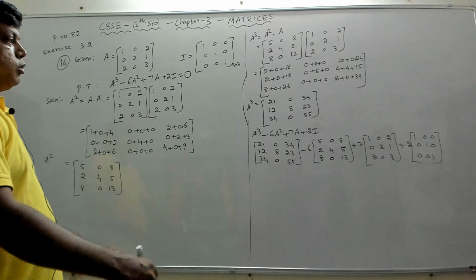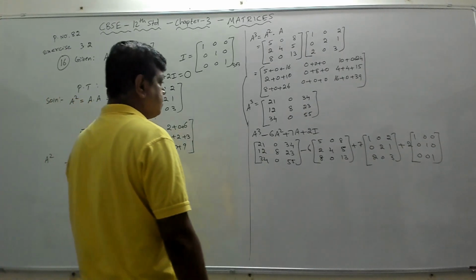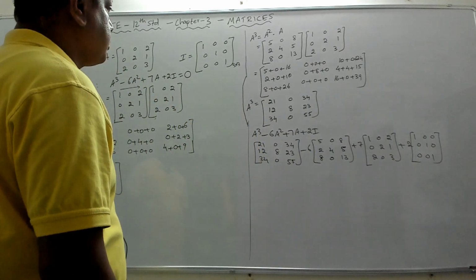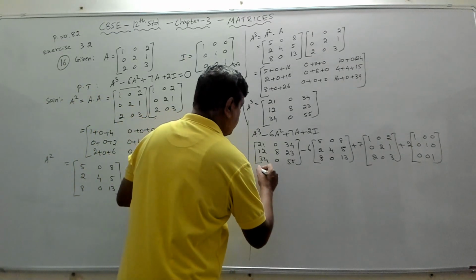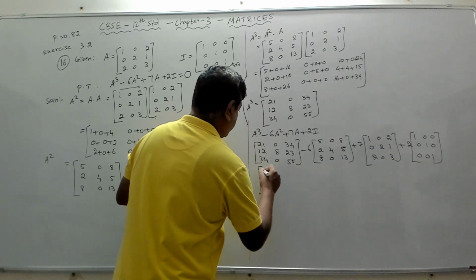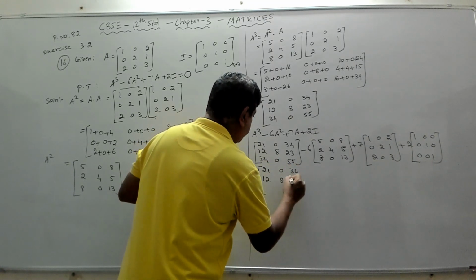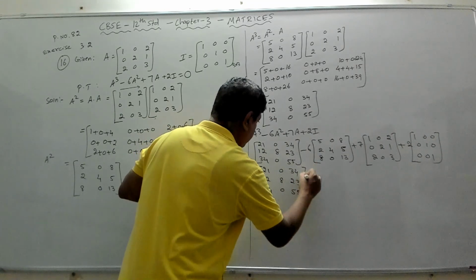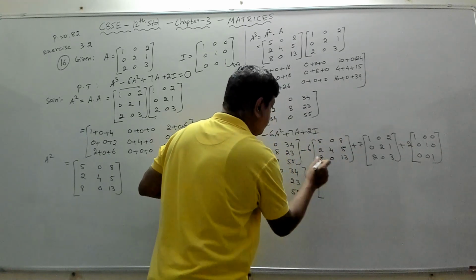Fine. So we have to do this, right? Fine. So if you do this, what do we get? We'll write this 21, 0, 34, 12, 8, 23, 34, 0, 55. With minus 6, you multiply each element by minus 6.